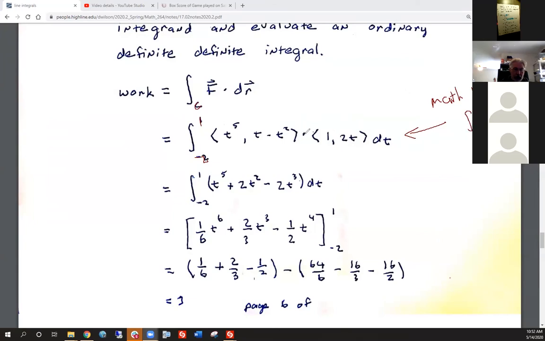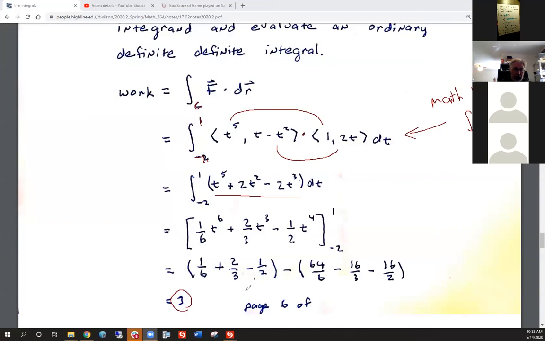You still have that dot product in there, so you have to take the t to the fifth times 1 plus t minus t squared times 2t, which will give you a nice clean polynomial. Integrate, evaluate, and at the end of the day, you get a number out.